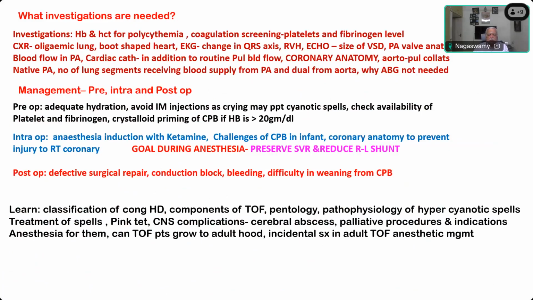So from extracardiac communications, you create a conduit between a systemic vessel like the subclavian or the brachiocephalic and you connect it to the pulmonary artery which is going to the lung directly so that extra flow will be there.